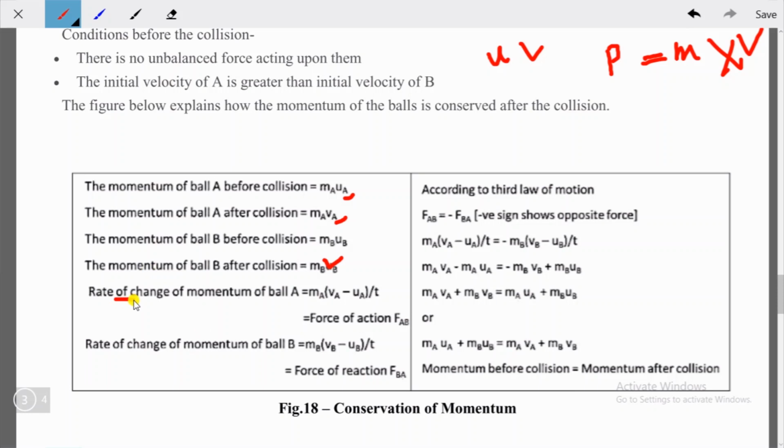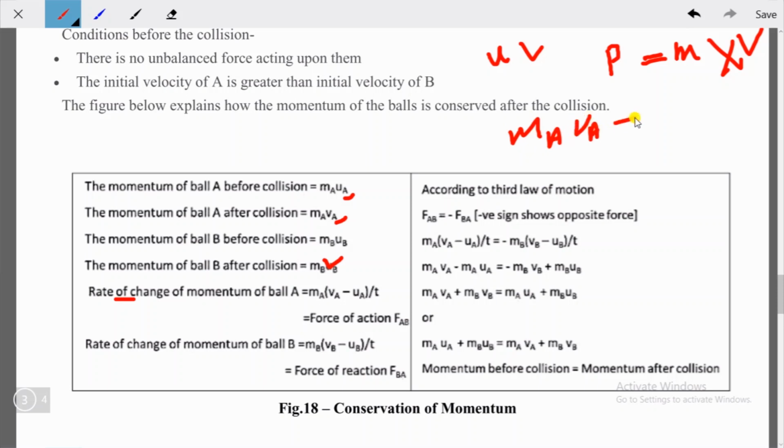So we subtract the momentum of ball A before collision from the momentum of ball A after collision. What is the momentum of ball A after collision? MA VA.